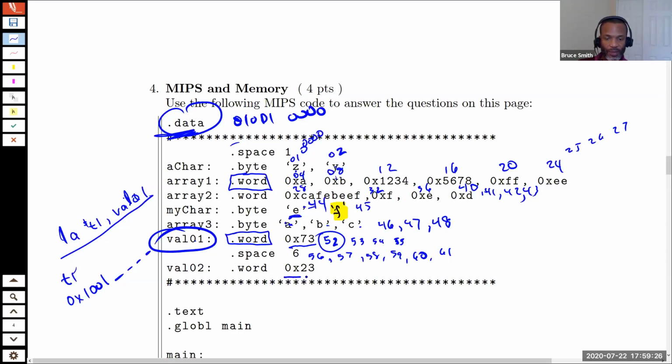And then this one here. So what would that address be? If you can type it in.